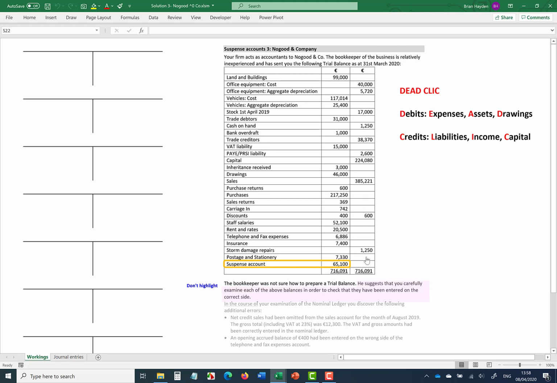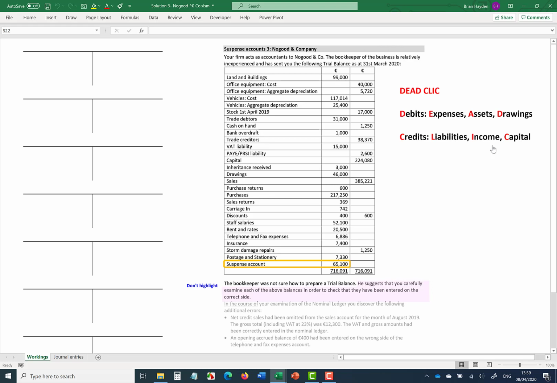Now you do need to become familiar with typical examples of expenses, assets and drawings, and liabilities, income and capital. And really the best way to do that is to become familiar with financial statements. So the things that go into a trading profit and loss account, they will only ever be either expenses or income.